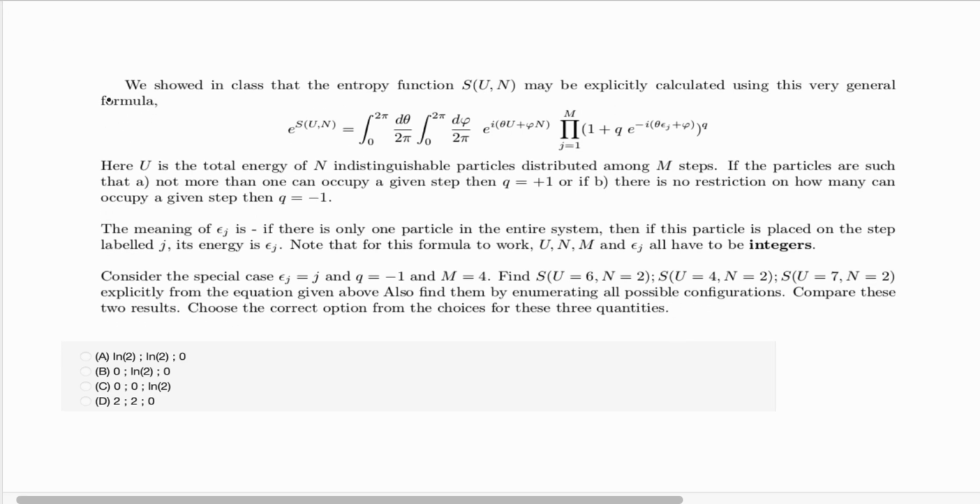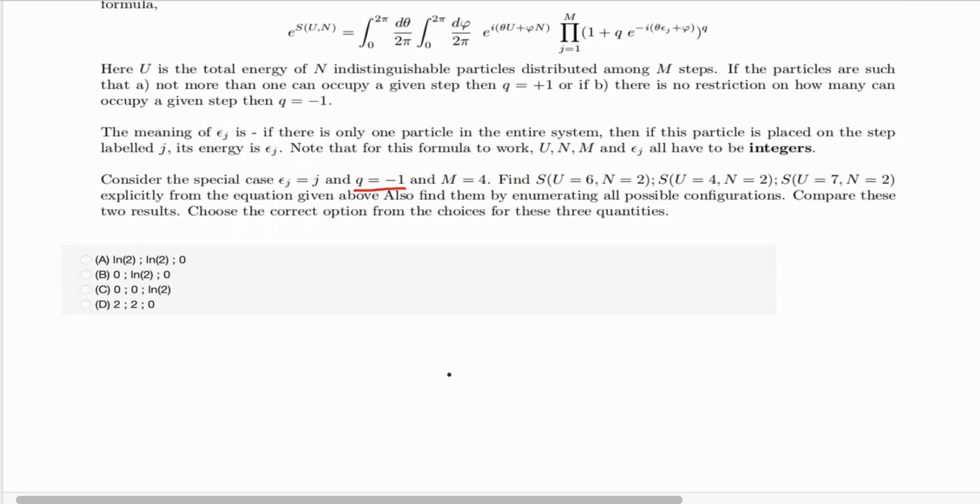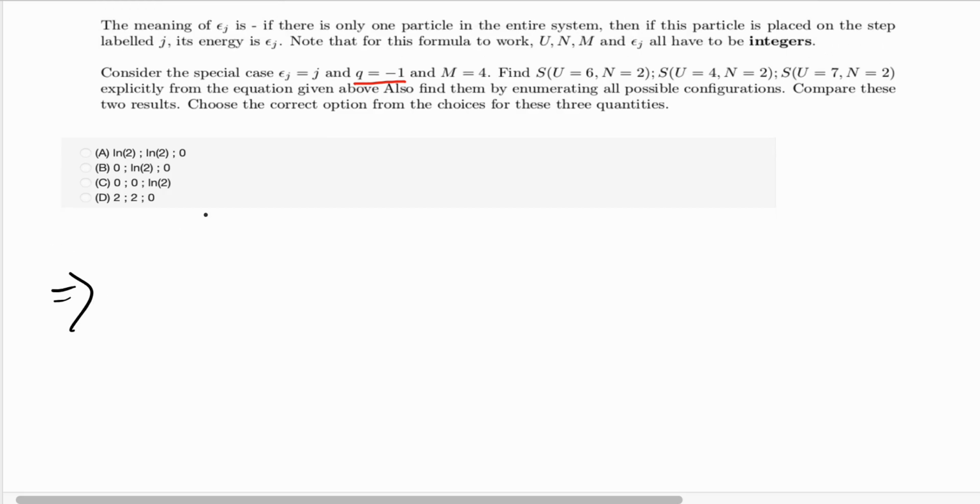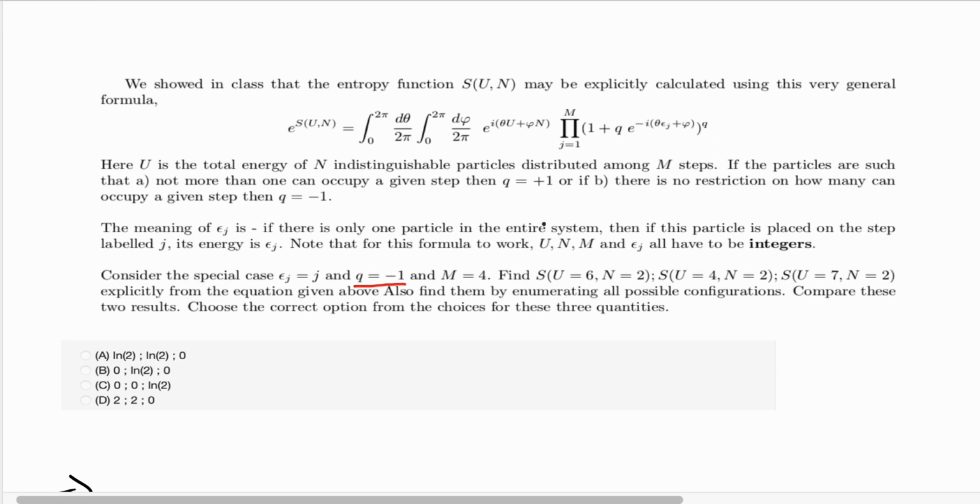So it is question number 5. What is asked is the same question, only this thing is different. We have to do all the calculation with q equal to -1 and m equal to 4. Again we have to find this multiplicative series and convert it to a series of summations.